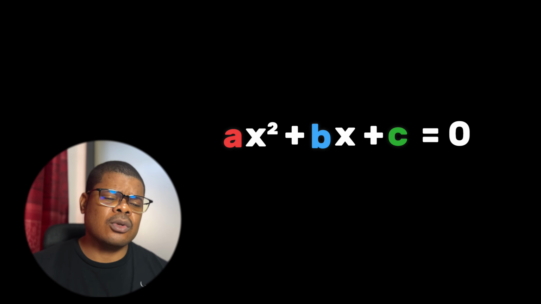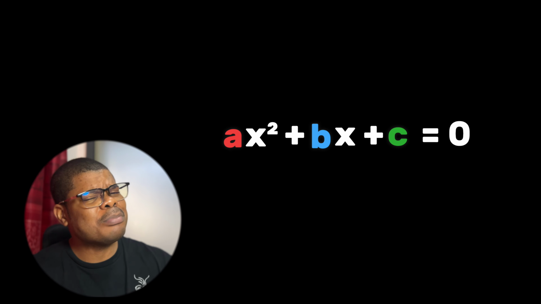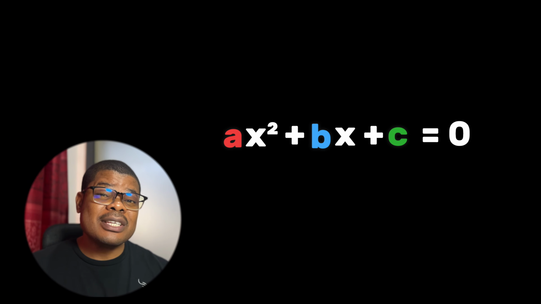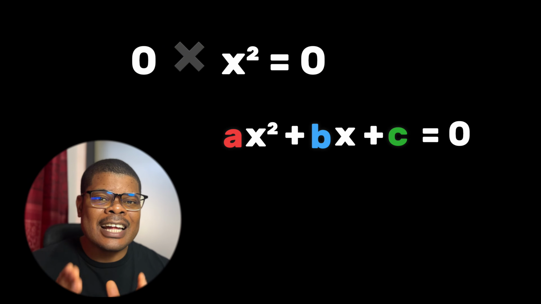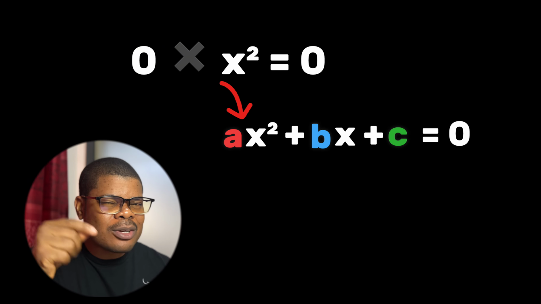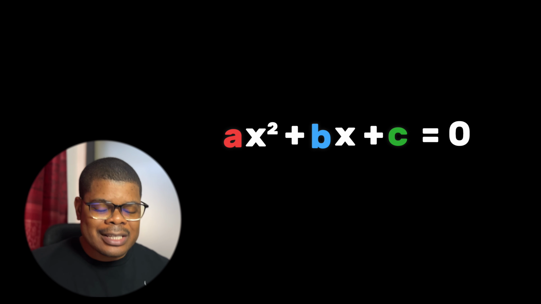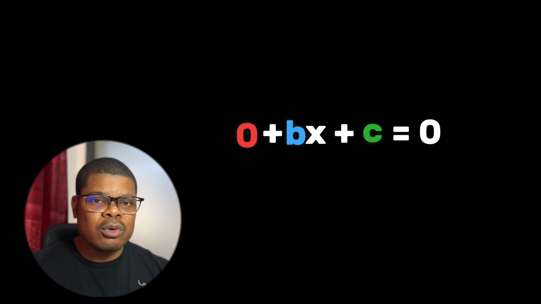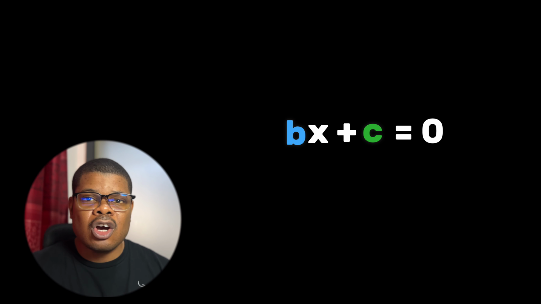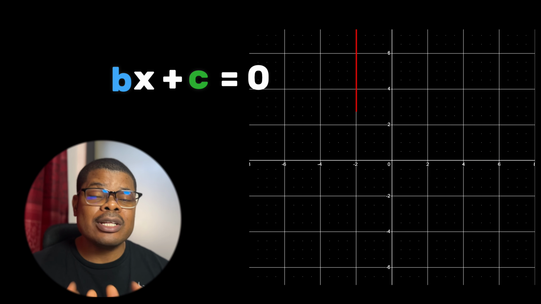You may be asking, why must A not be equal to 0? Well, that is quite simple. If A is 0, then it means that x squared is no longer in existence in that equation. And that x squared you see right there is the reason why we have the quadratic equation. It's like the big boss of the equation. So if it's not there, then we don't have any quadratic equation left. All that we have is just a simple, boring straight line.